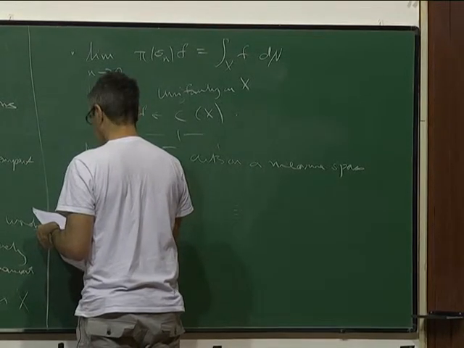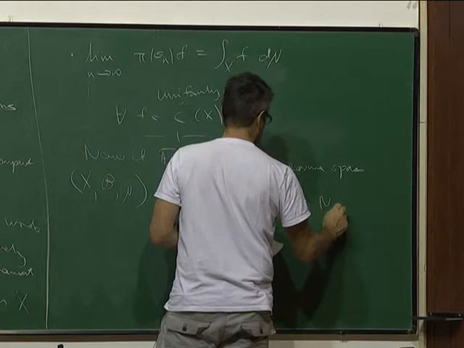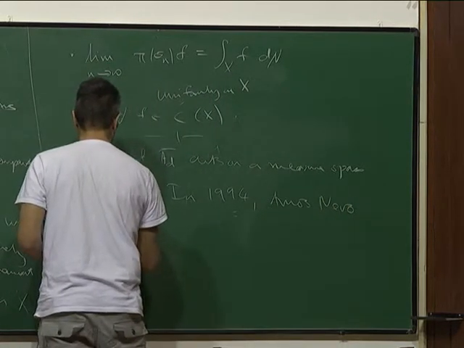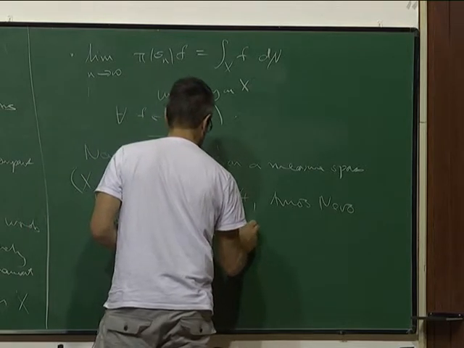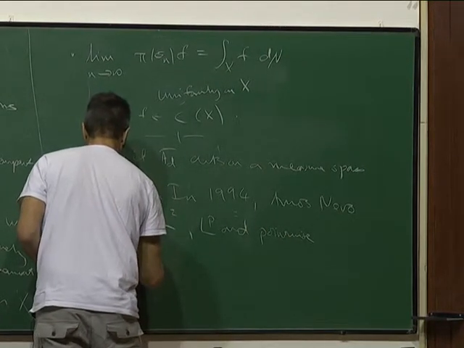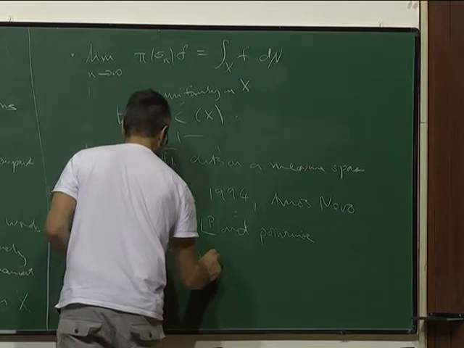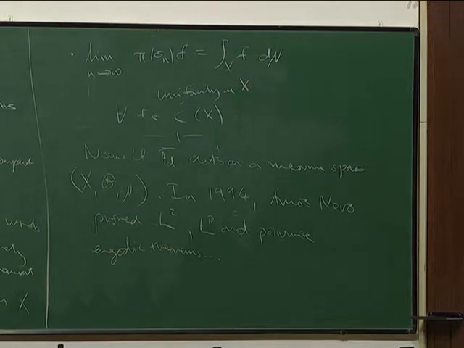So Nevo then proved, sort of generalized the Guivarc'h theorem to measure spaces in terms of the kinds of language we've been using and these projections E_1. So here's Nevo's theorem.